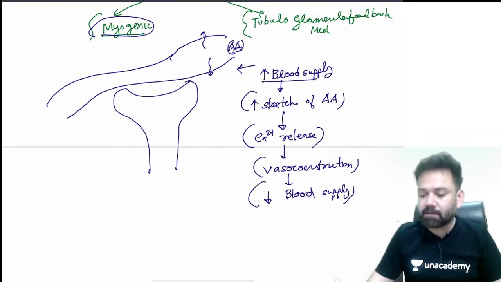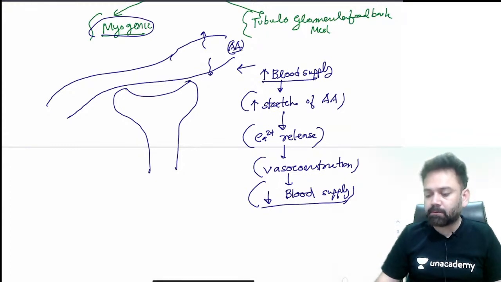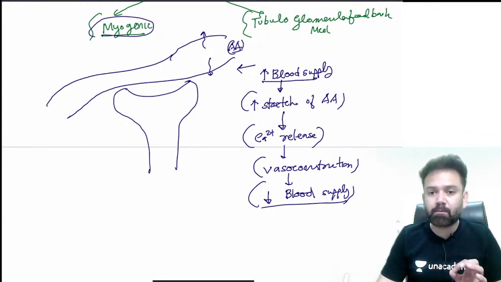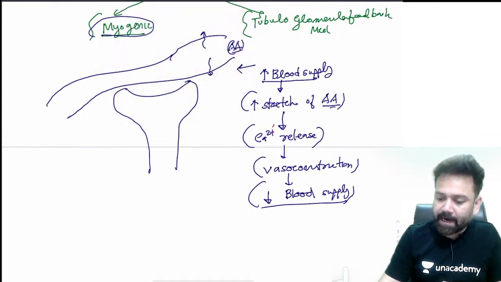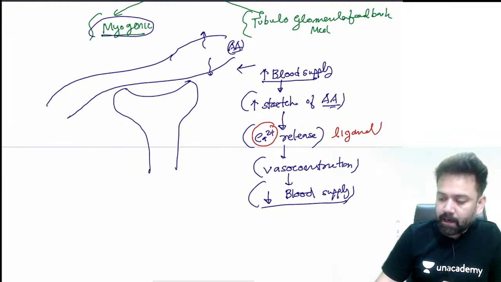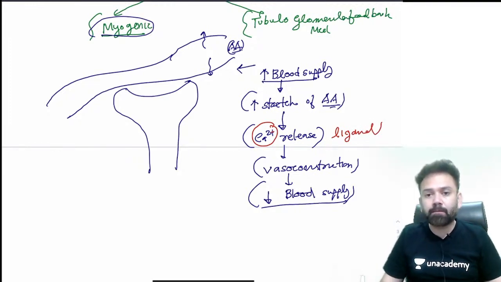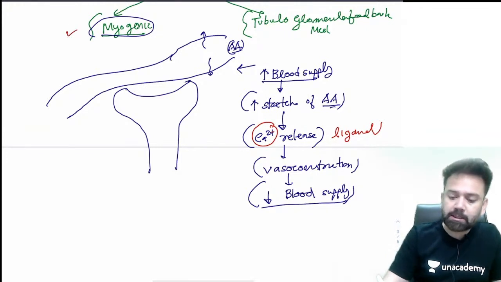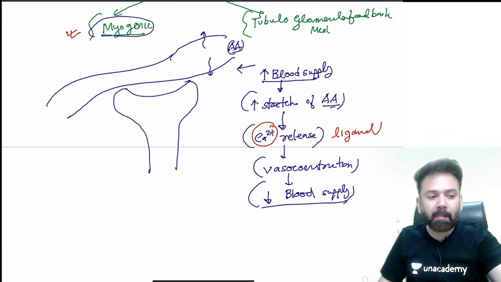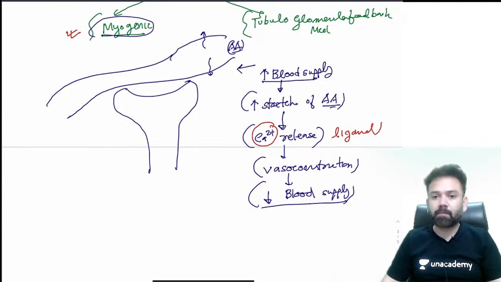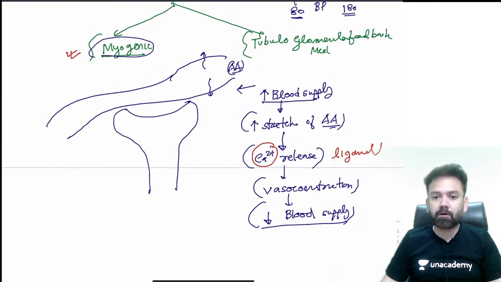Initially there was increased blood supply, now there is decreased blood supply through a simple mechanism of stretch of the afferent arteriole releasing calcium. So calcium is acting like a ligand, and because muscles are involved in the stretch, it is called myogenic autoregulation. So there are two types of autoregulation of GFR: one is myogenic, the other is the tubuloglomerular feedback mechanism.